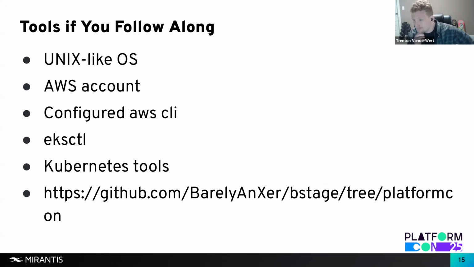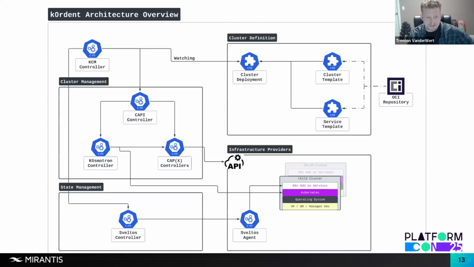Yeah, Sveltos is for guardrails? That's your component for that? Sveltos is predominantly the component for deploying. We have the controller in the mothership, and then we'll have the agent deployed in the downstream cluster. Sveltos will be specifically for application deployment.